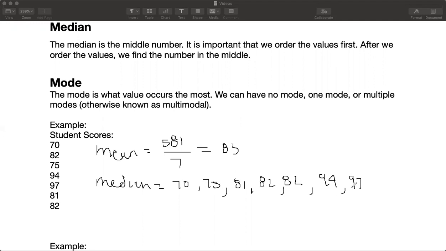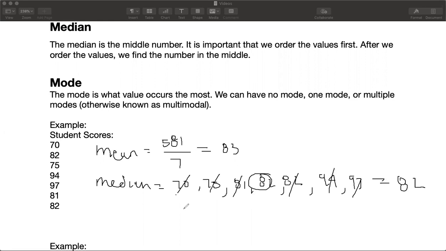So we have our 7 values here. We want to find the number that's in the middle. Since we have 7, it's an odd number of values, so our middle number is going to be value number 4. I can also count in by going from each side. I take one off the left, one off the right, one off the left, and so on and so forth until I get to the middle value, which is 82. So our median is equal to 82.